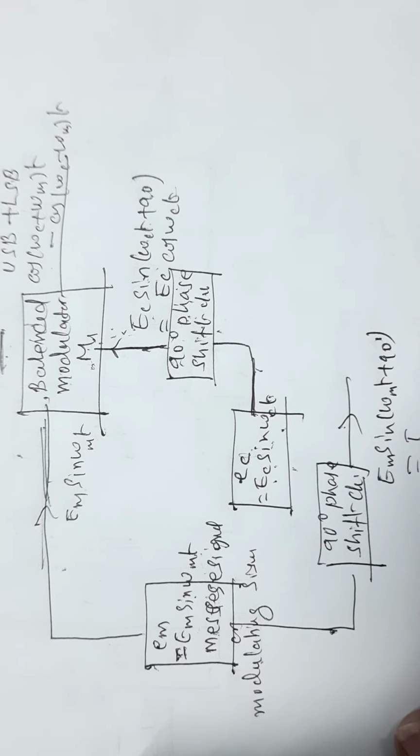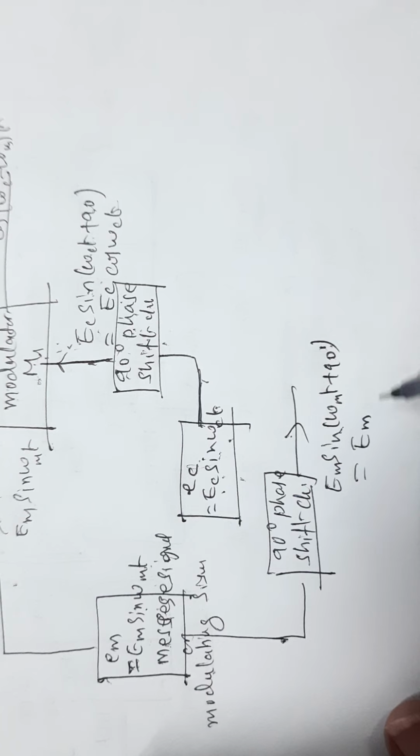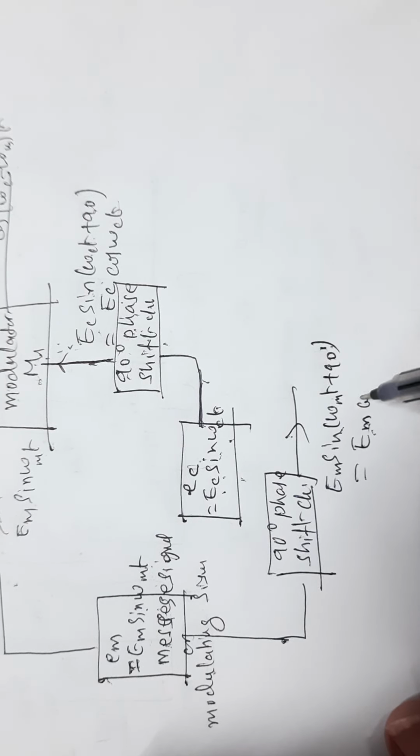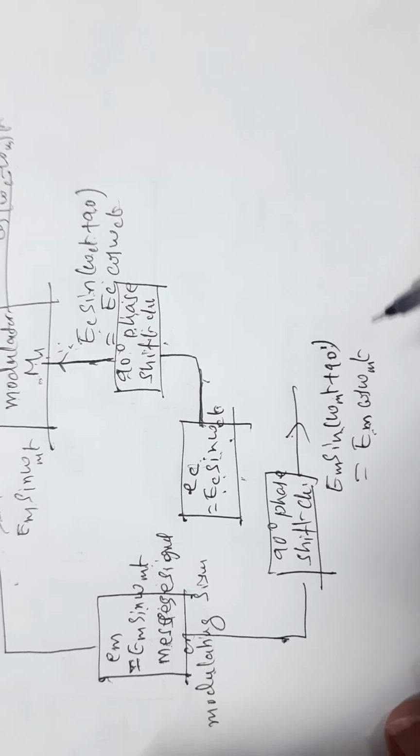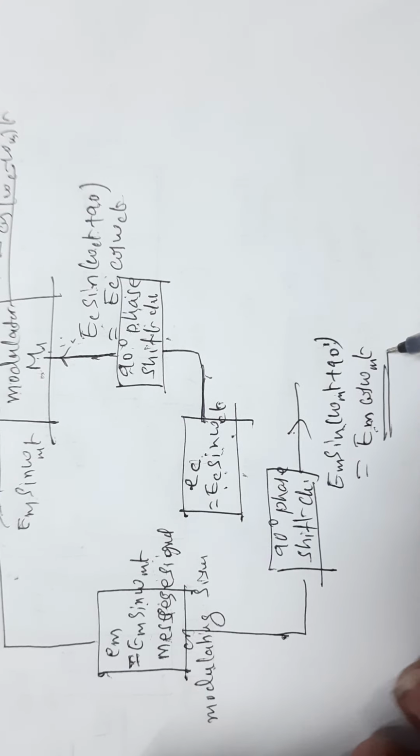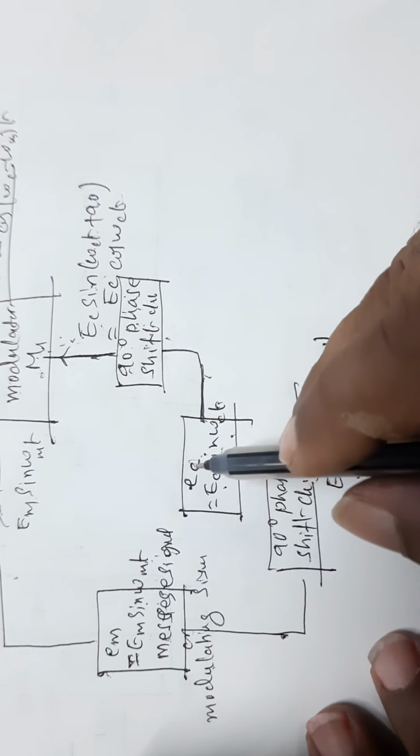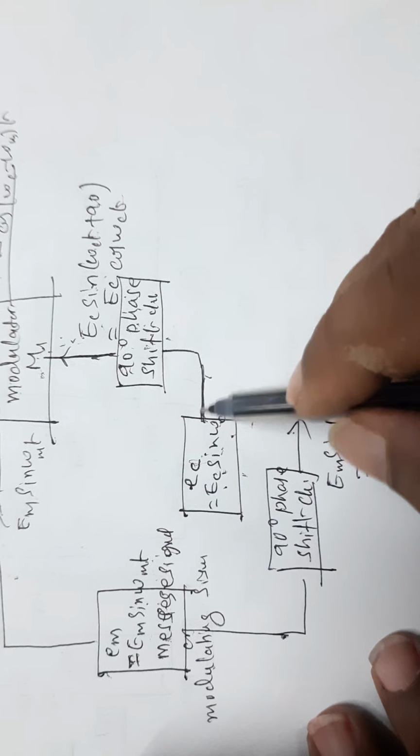But by definition, we know that sin of 90 plus theta is cos theta. Therefore, this is Em cos of omega m into t. This is the modulating signal, and Ec sin omega ct is the carrier signal.